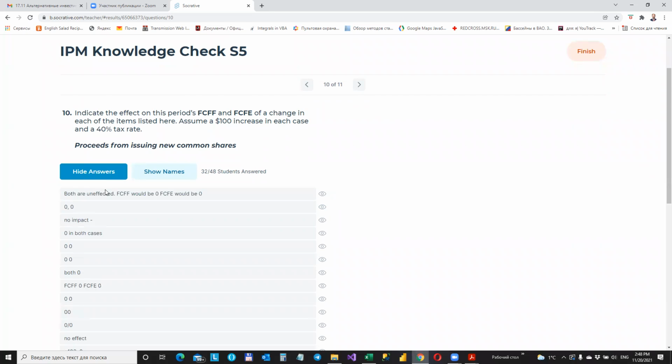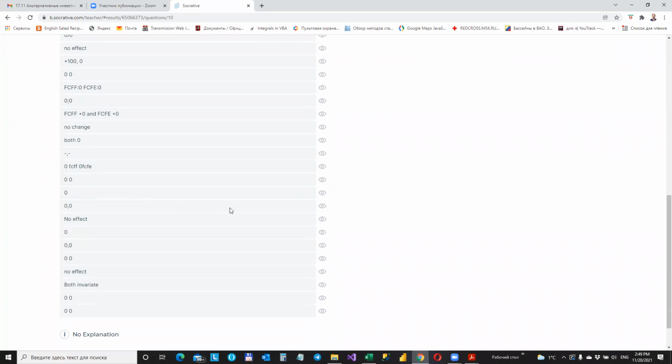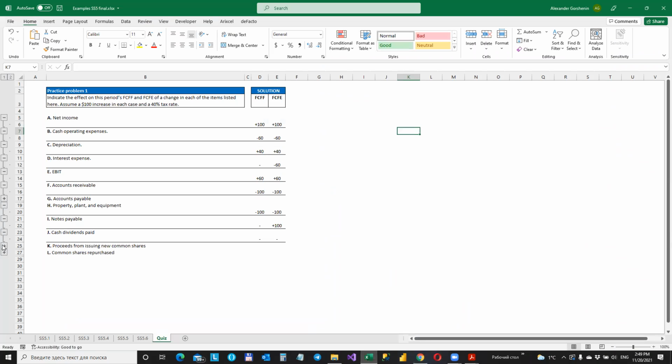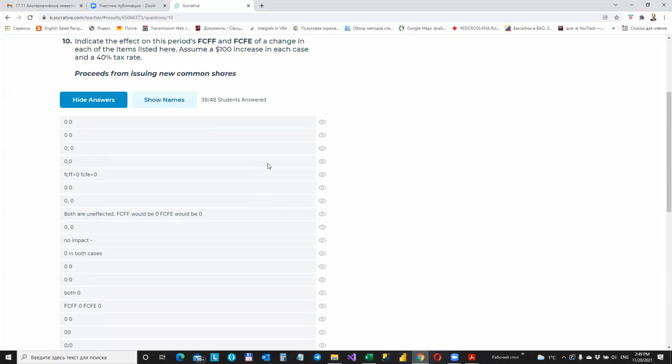Okay. Yes, no impact again. Pretty much the same situation. No impact because it's below any streams that we are calculating. And the last one.